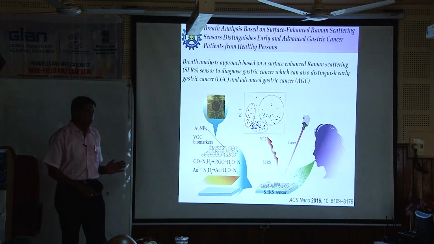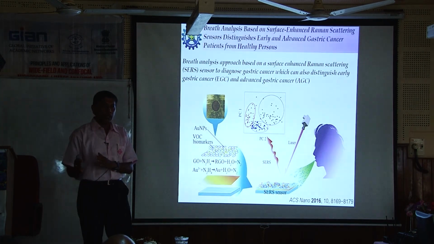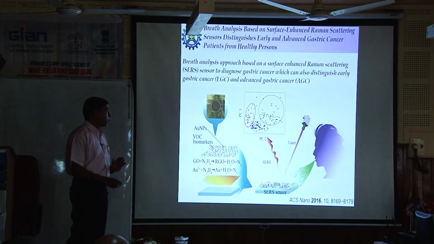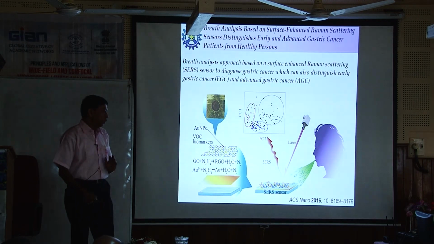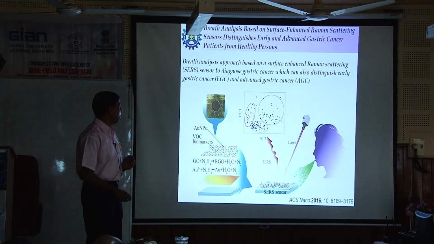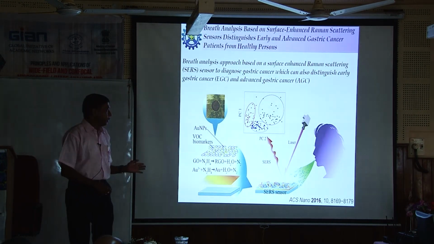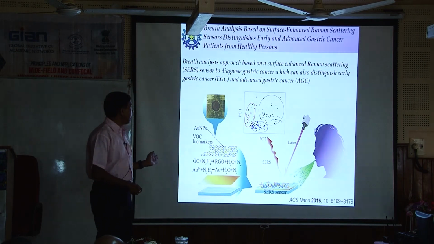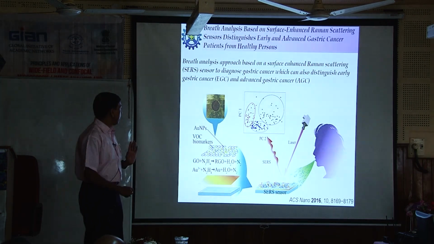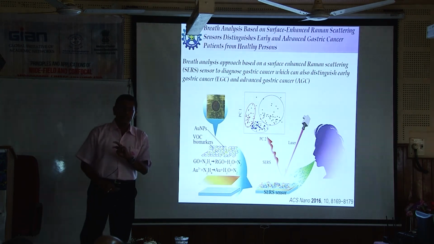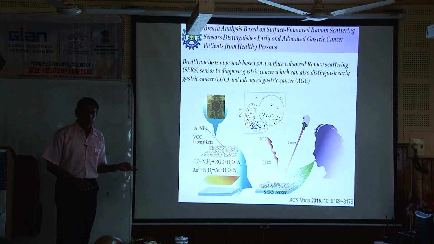For that you do computational analysis, and the percentage of these analytes can be translated through this computational analysis. Maybe Satish will know much better on that aspect, but it is very recent work, and they can nicely translate the AGC and EGC percentage through this methodology.